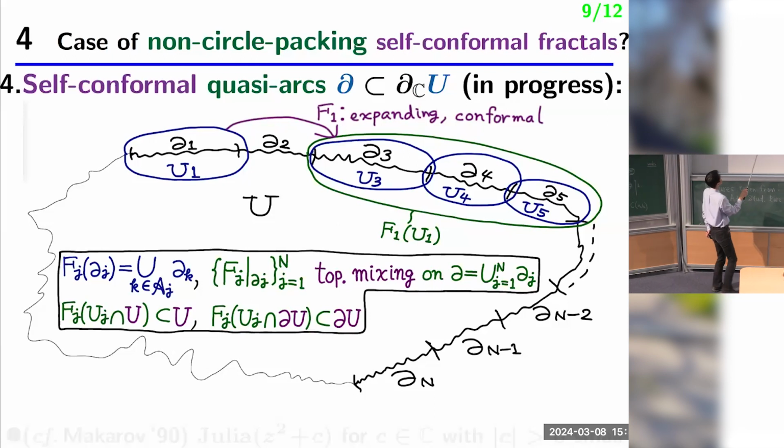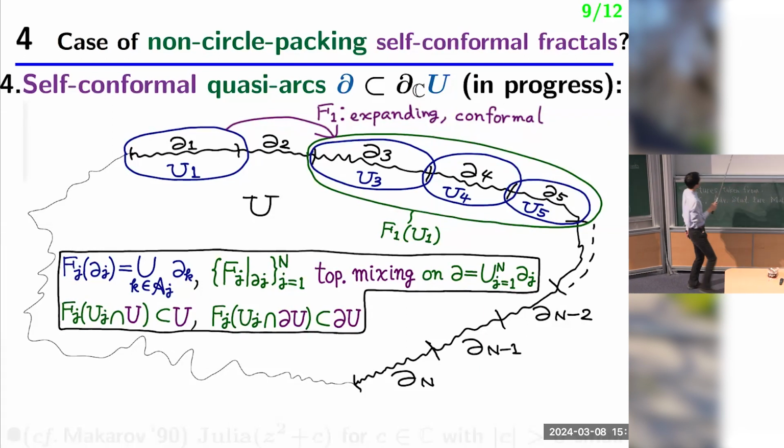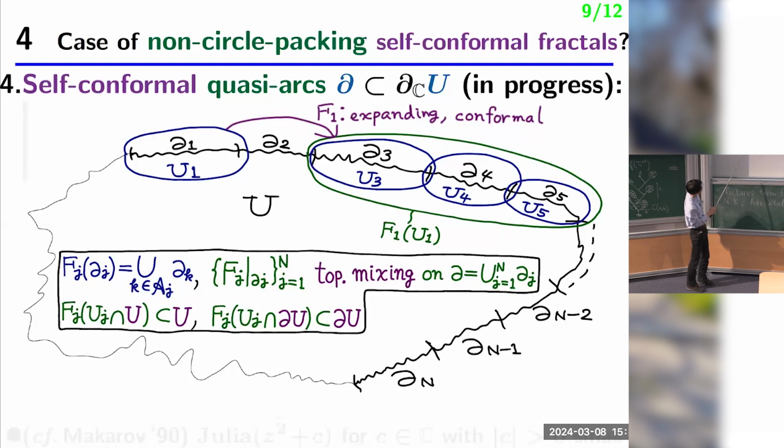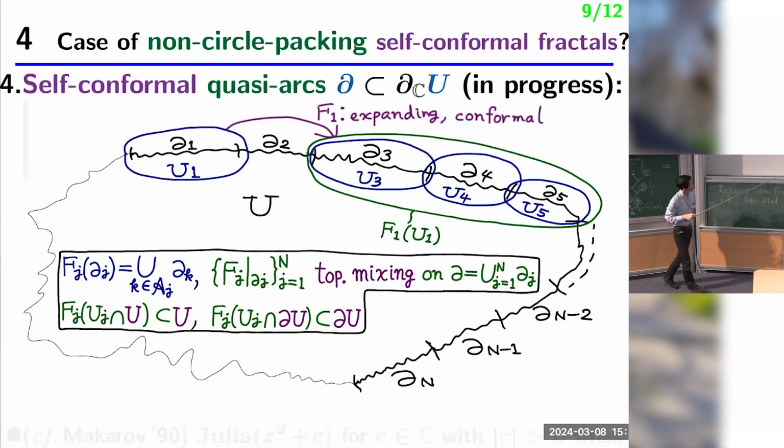Okay, so that if you map this part by this conformal map, then the image of the boundary curve itself is given by some union of some other sections of the boundary curve.